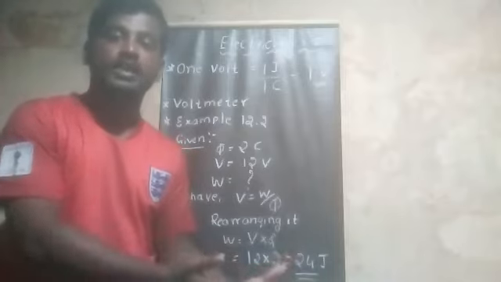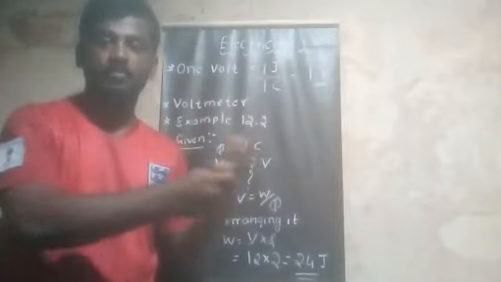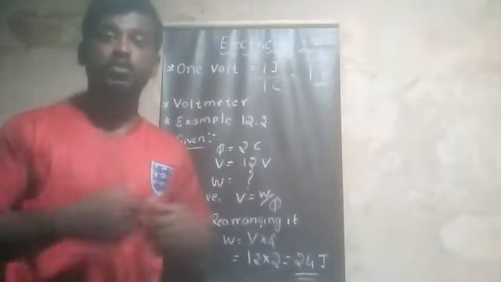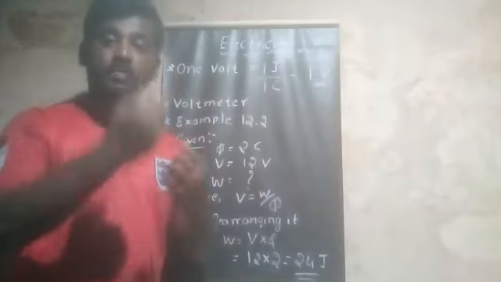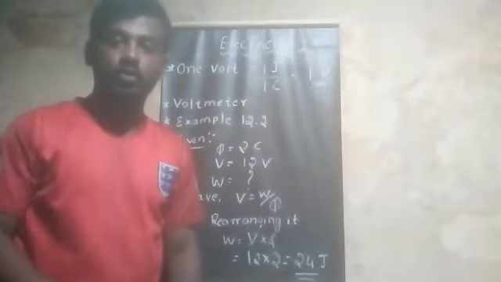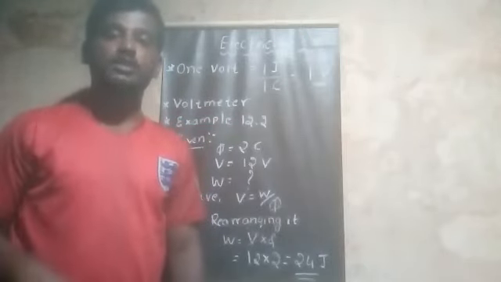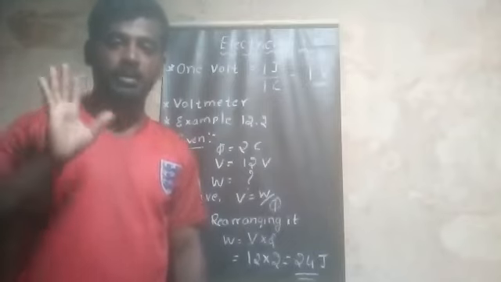How much volt battery you are using, that will give the total voltage. But across any component, resistor, bulb, we need to find out how much voltage that component is taking. So across those 2 points of the bulb we connect the voltmeter, then we will know how much voltage is consumed by that component. That's why it is connected in parallel.